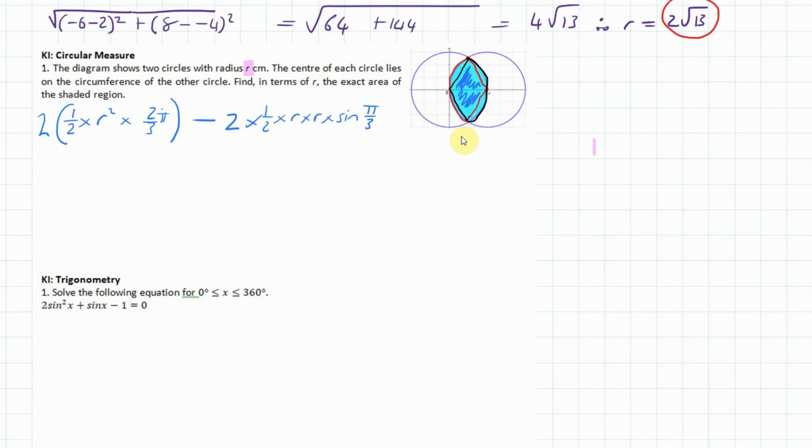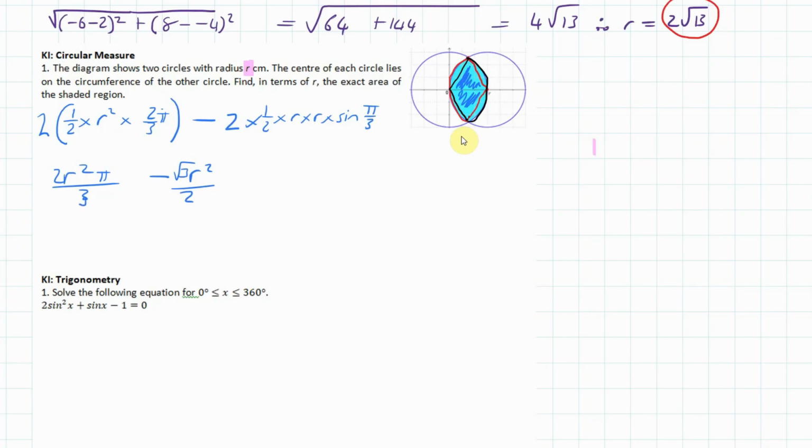So I guess we can say that this ends up being 2r squared pi over 3 minus r squared sine pi over 3. So what is that? That gives us square root 3 over 2. I think that's a 3 there.